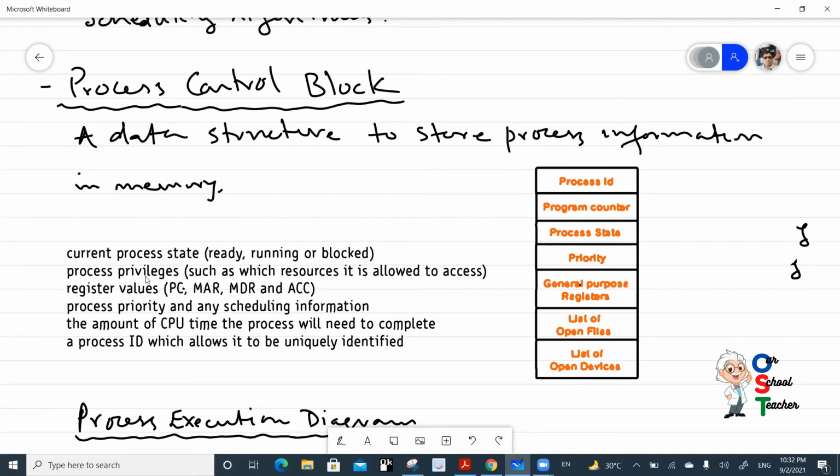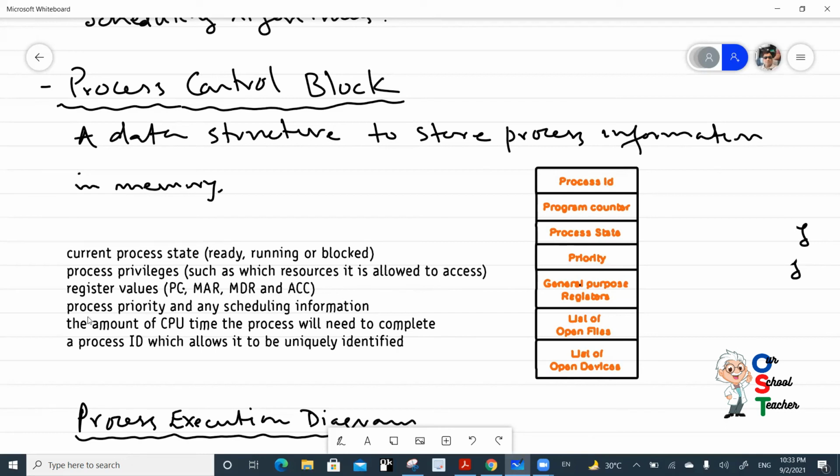Then process privileges, such as which resources it is allowed to access, are also kept here. Then obviously the information is executed using the fetch and execute cycle, and in the fetch and execute cycle a number of registers are included. So the status of different registers is also stored here in the PCB. The status of program counter, memory address register, memory data register, and accumulator is also kept here about the process.